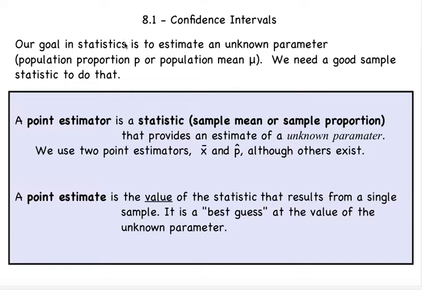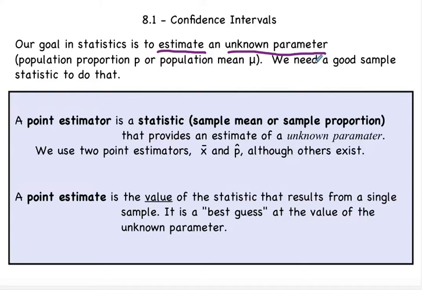The whole point of a confidence interval is to be able to take an estimate, like a sample mean or a sample proportion, and then try to infer or estimate what we think the unknown parameter might be.